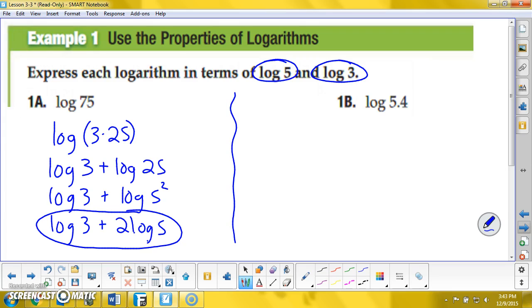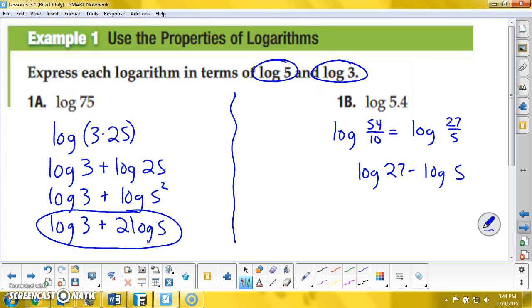Part B. Now we need to rewrite that 5.4, and we rewrite it with 5s and 3s basically. So I'm going to rewrite this as the log of 54 over 10, which is the same thing as the common log of 27 over 5. And so now my denominator is using a 5. That's good. So let's rewrite this as the common log of 27 minus the common log of 5.